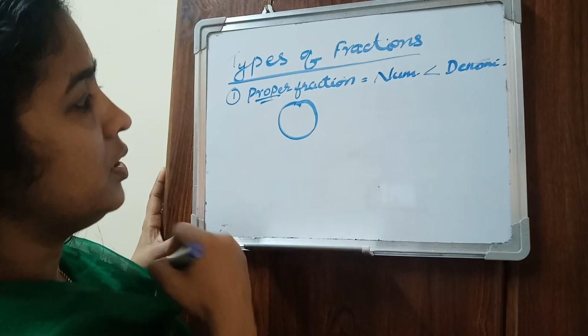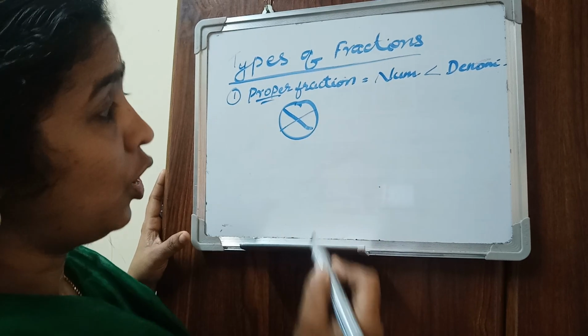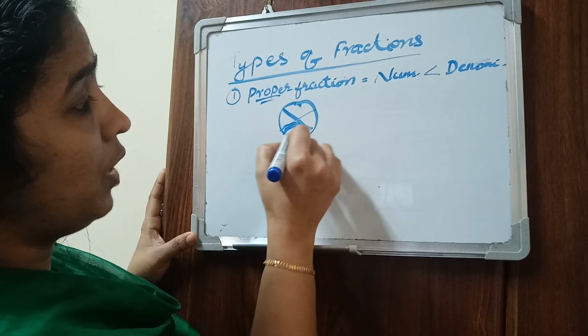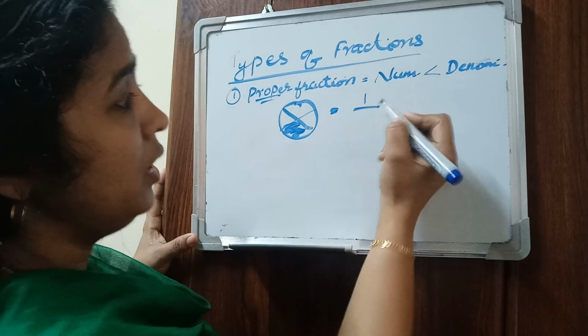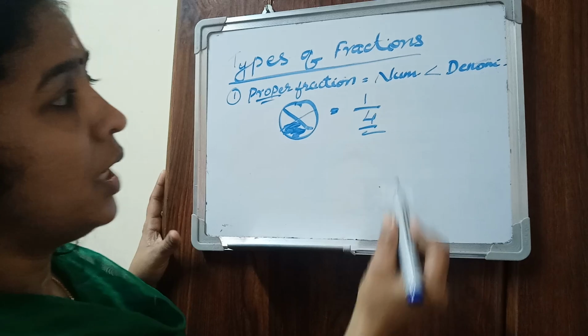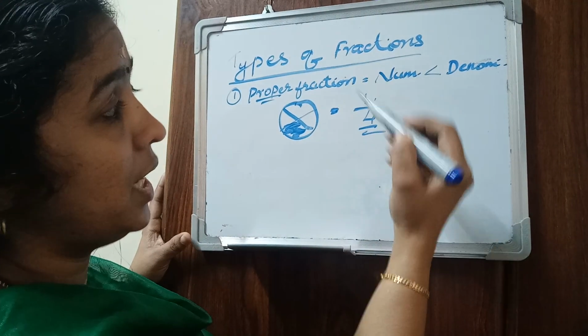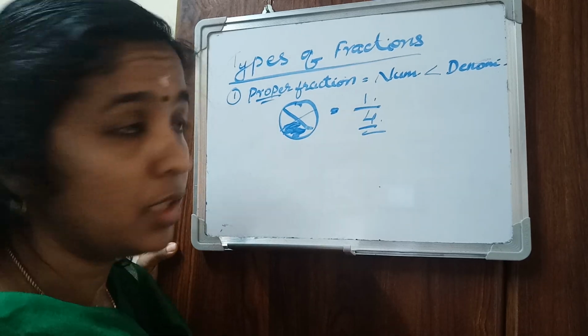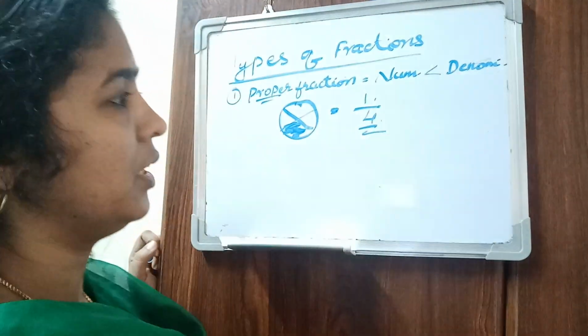Look, this is one circle and we divided it into 4 parts and we have shaded one of it. And how will we write the fraction? 1 by 4. That means the numerator is less than the denominator. As the name suggests, it is a very proper fraction.